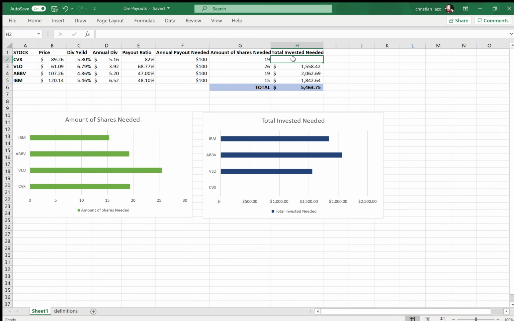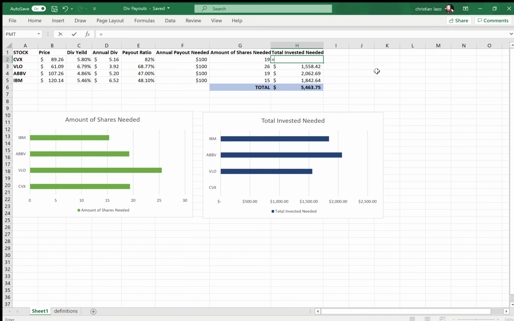Okay. Now, the big question here is, what is the total investment needed for Chevron, in order to know how much I will need to buy all these stocks to get this? Okay. Well, let's jump into it.